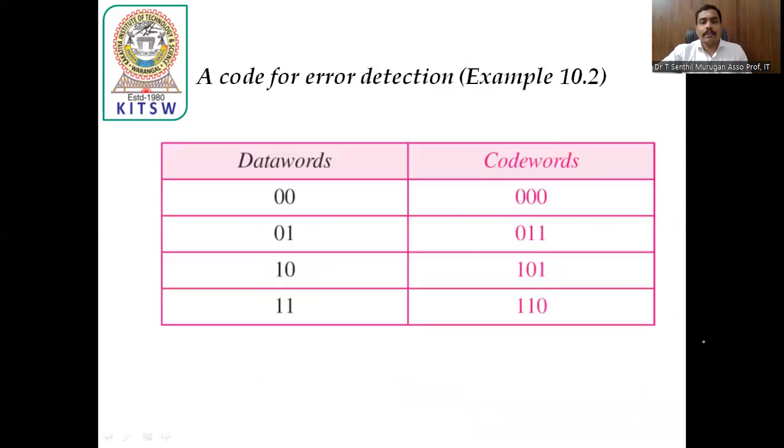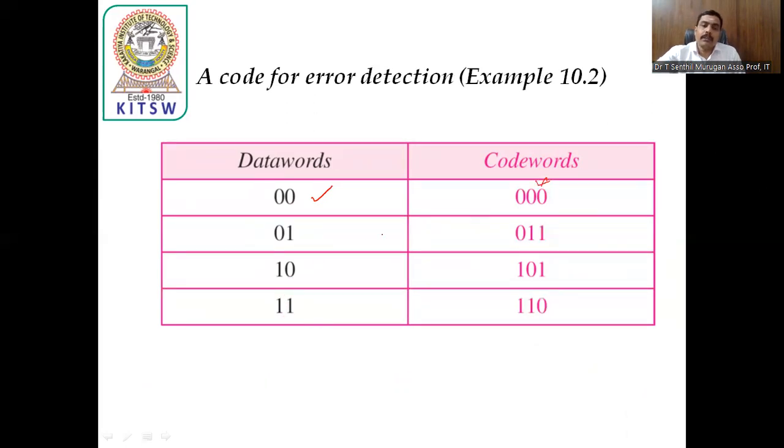A simple example of how this is used. If the data word is two bits: 00, 01, 10, 11. If two data bits are used, then we add an extra bit.